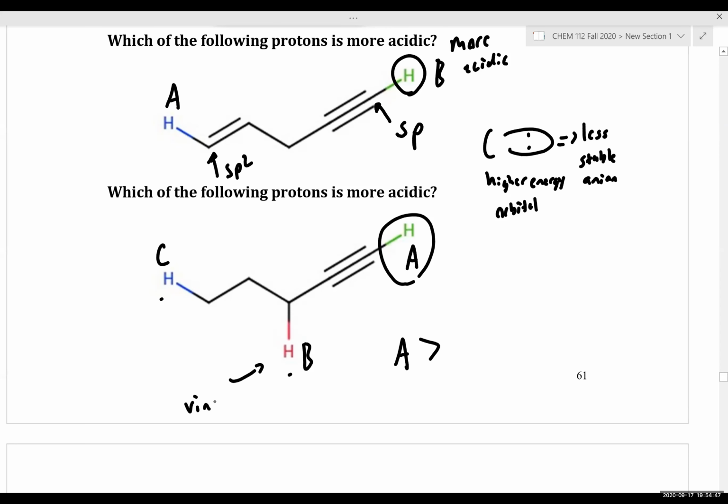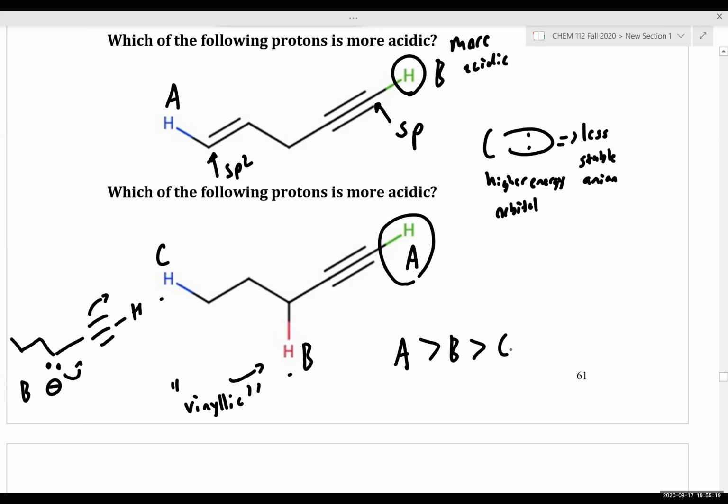This one's, I guess you can call it, pseudo-vinylic, as it's not directly adjacent to an alkene. If we generate the anion from B, we can delocalize it via resonance. This anion is partially stabilized via resonance. It's not a huge effect, but B is more acidic than C.